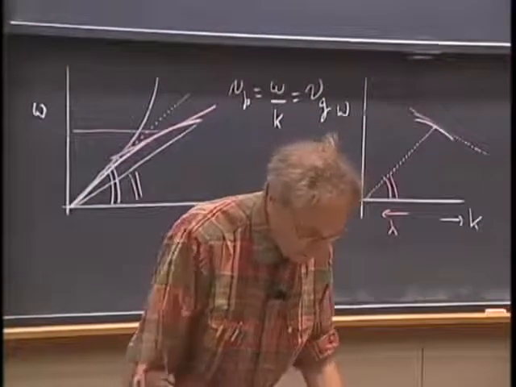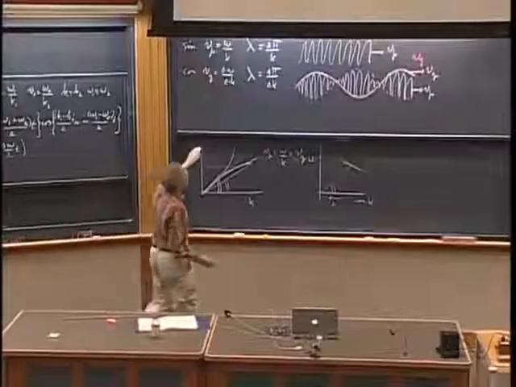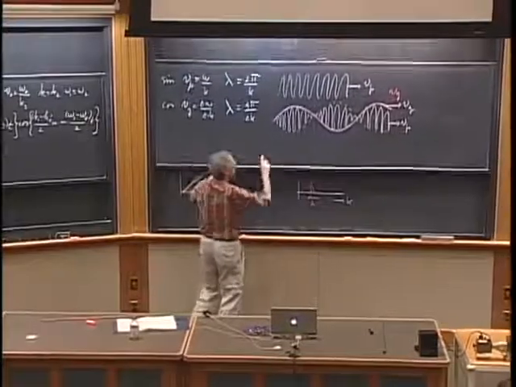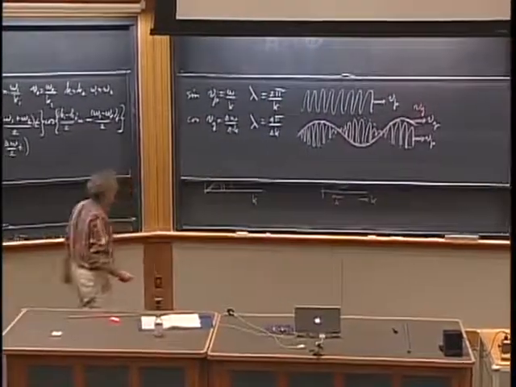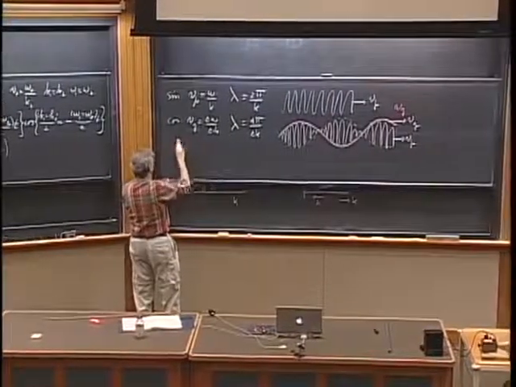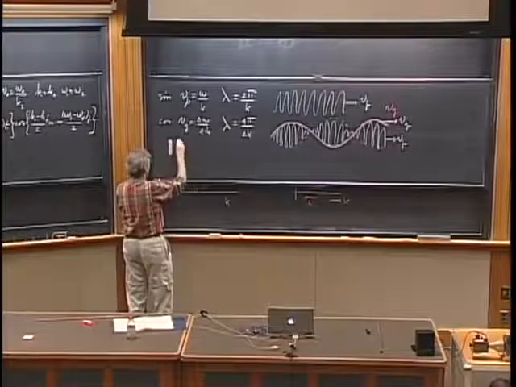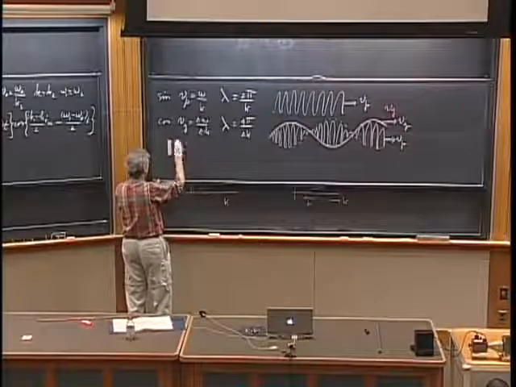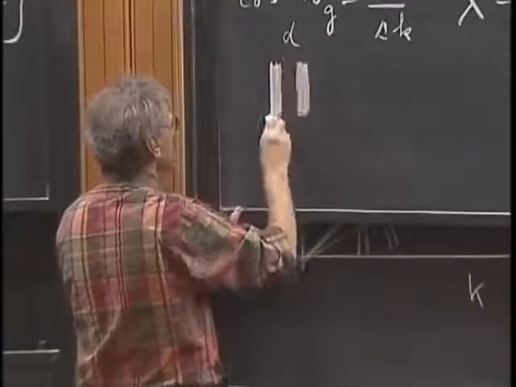I can create a pattern like this with two waves for you, which I will do. And I do that in a graphical sense, in that I have two transparencies, and one transparency has black bars on it, many, as you will see shortly, and they have a separation d.